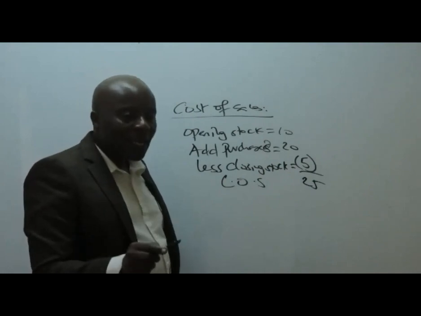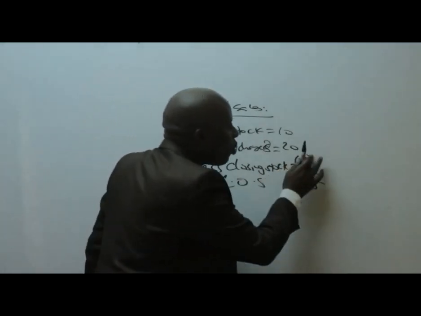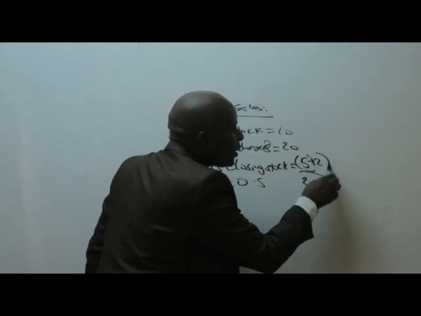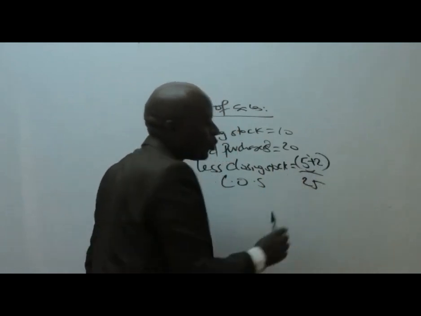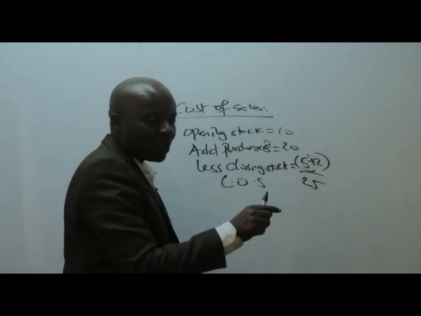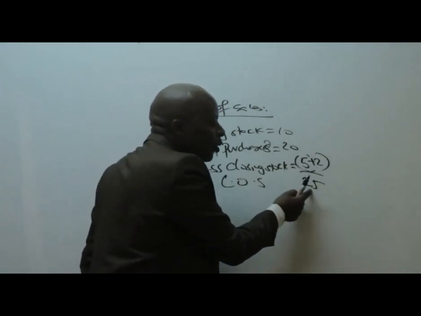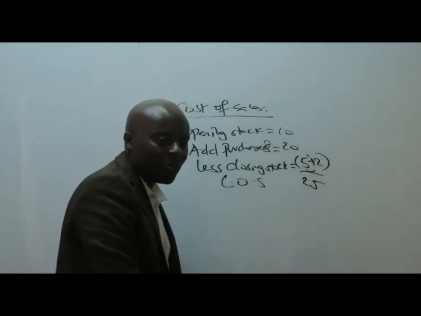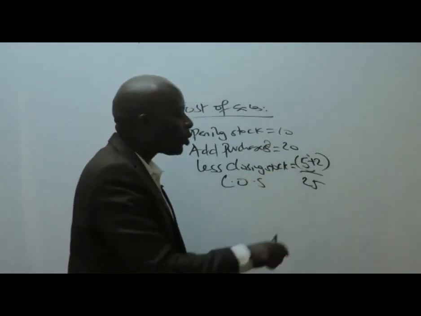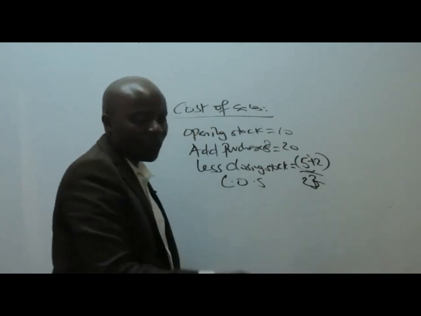Now listen. What if I was to overstate this by 2? If I put 2 more in this, then this will be 7. What will happen to my cost of sales? My cost of sales will reduce. It will go down to 23.